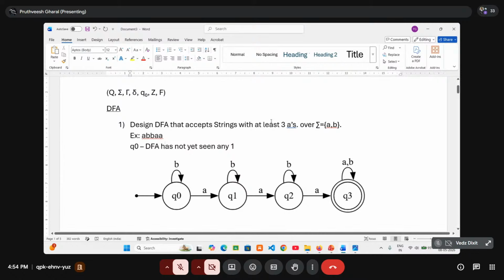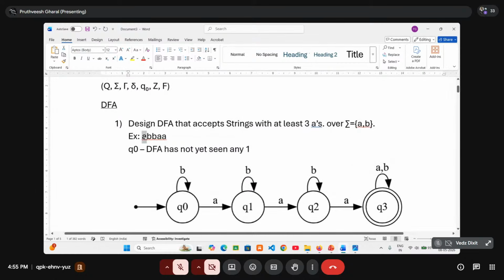The DFA is in Q0. Now, let's say it encounters the first input A. Okay, and now the DFA does not have any rule set yet. It does not have any logic for which state it has to move to.